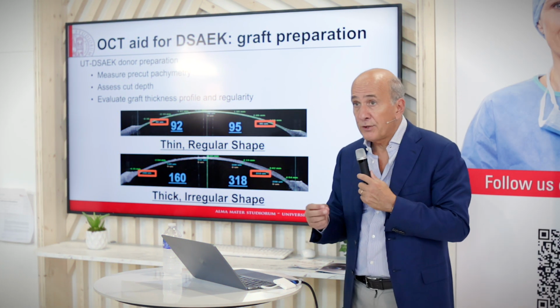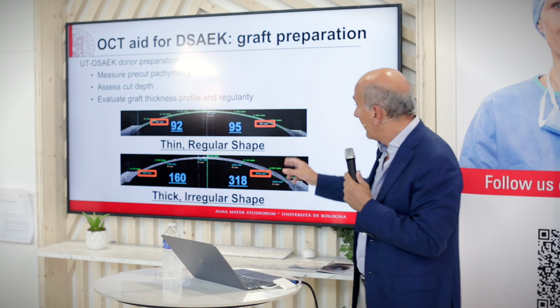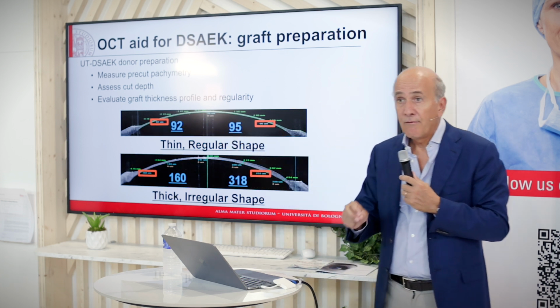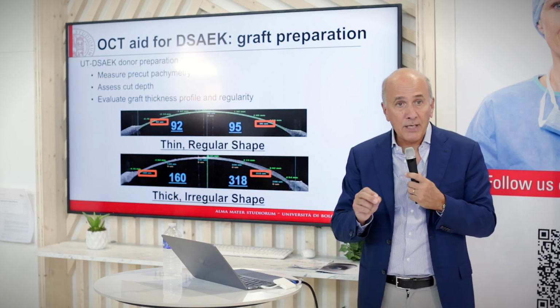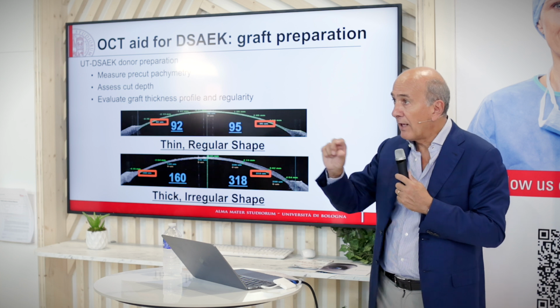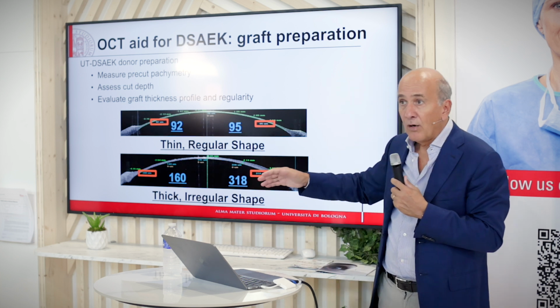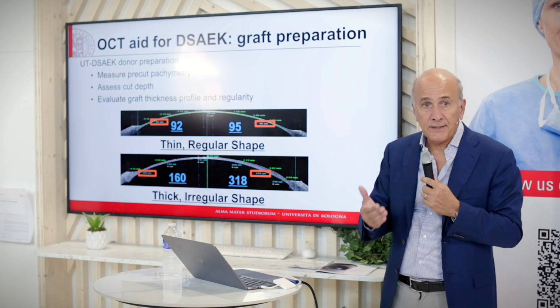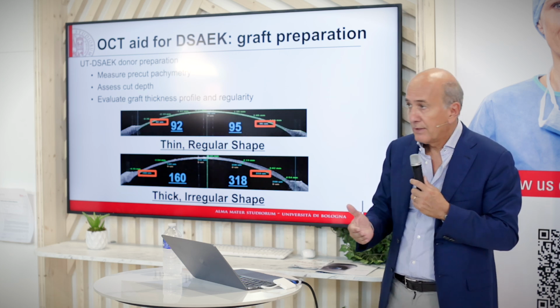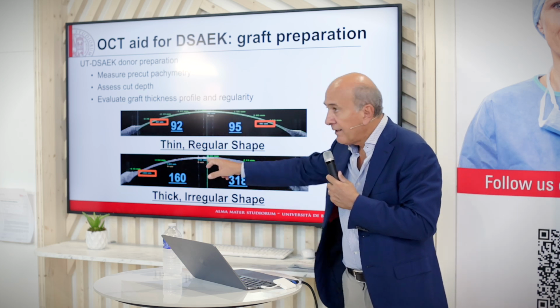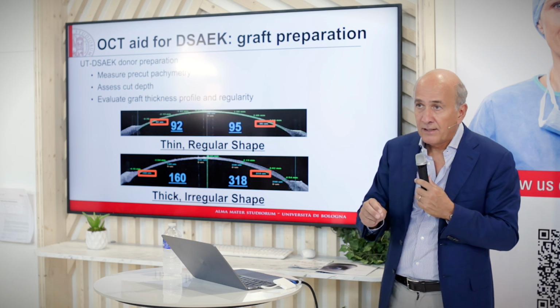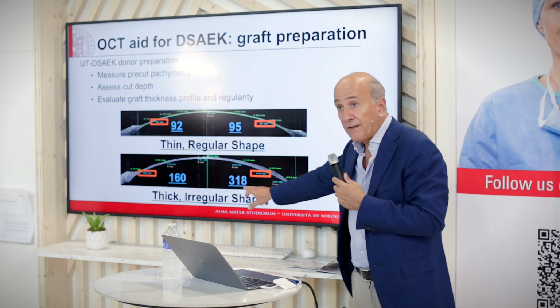And the quality of the donor has to be that the donor must be very thin, less than 100 microns, and very regular. On the bottom is another example of a donor which was cut not in the proper way, so that over there is relatively thick, but over here is very thick.